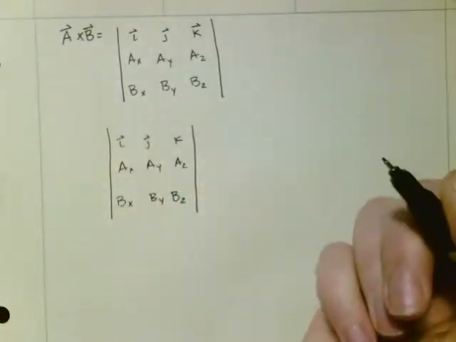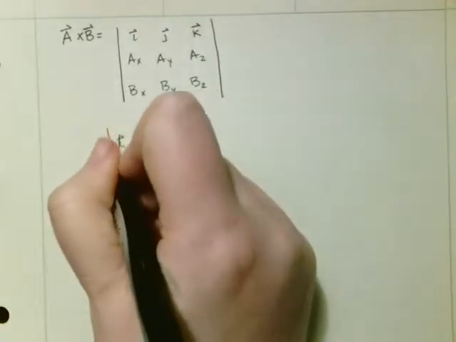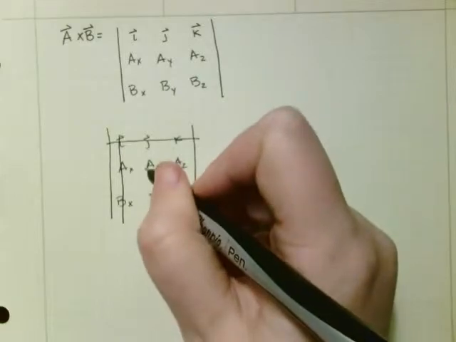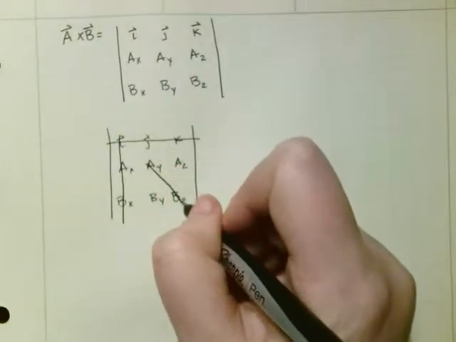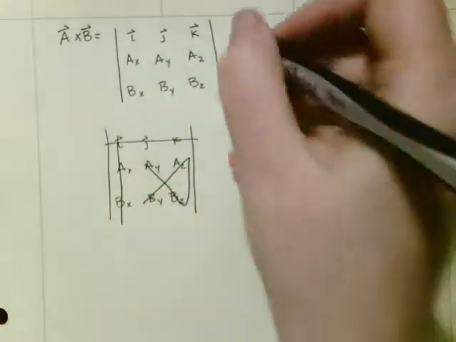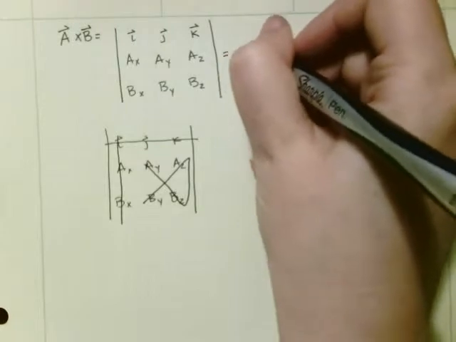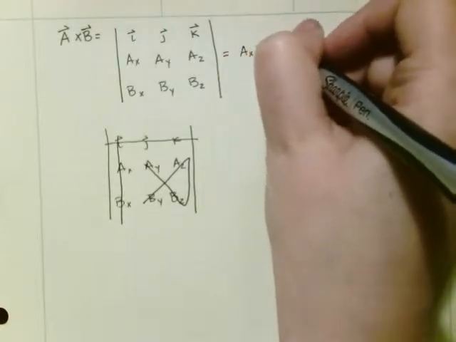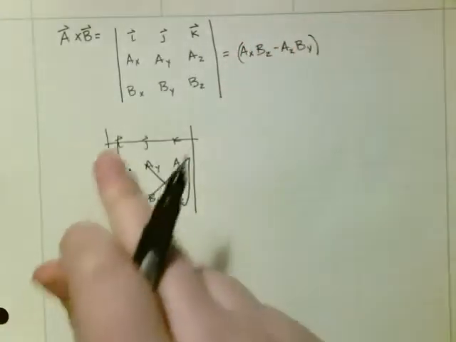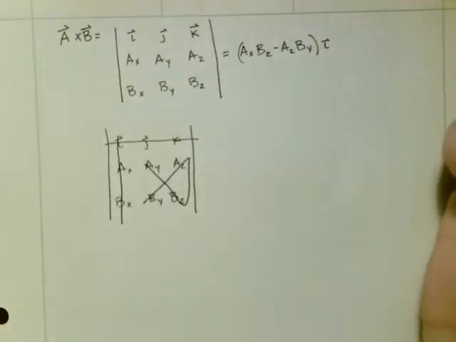So the first thing you do in a matrix is you cover up the I column and row, and then you multiply like this, and then you subtract like this. So the first component would be AY BZ minus AZ BY. You multiply that whole thing by I, the component that you crossed out.